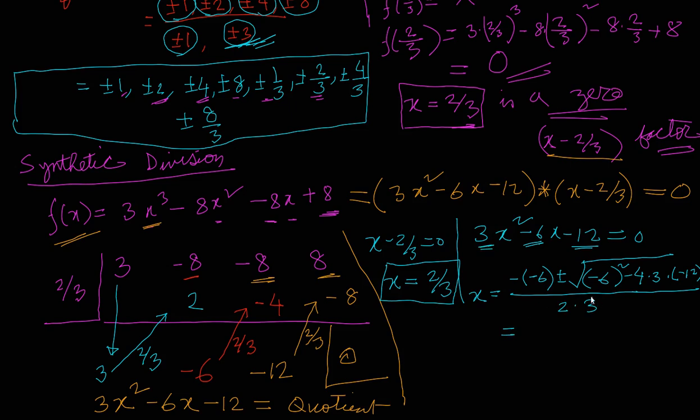If you simplify, you are going to find the values are equal to 6 plus minus 6 square root of 5 over 6, which is going to be 1 plus minus square root of 5. So these are my other x-intercepts.